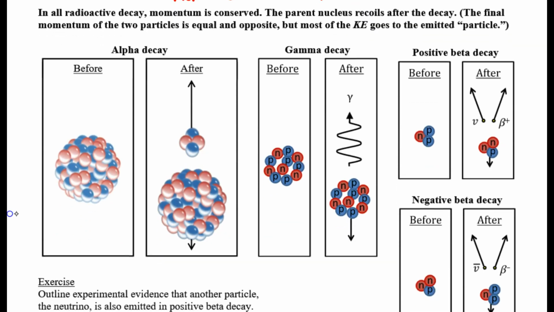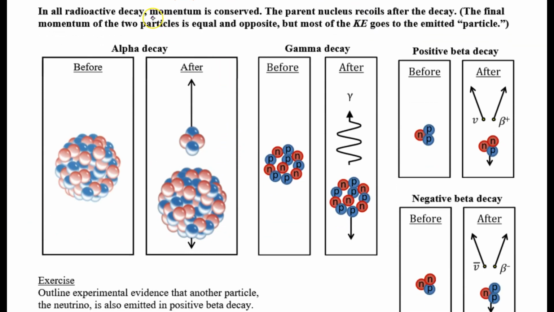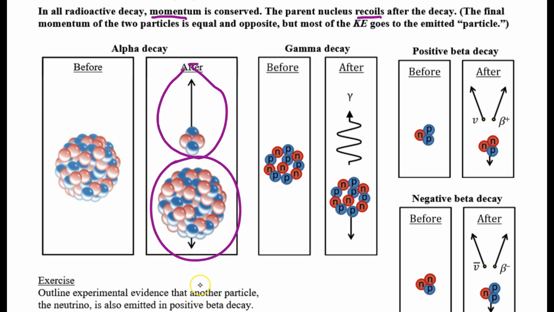But the same thing happens in radioactive decay. Total momentum is conserved. The parent nucleus recoils, and the final momentum of the two particles at the end has to add to the total momentum of the parent. Okay then, let's see this in action.